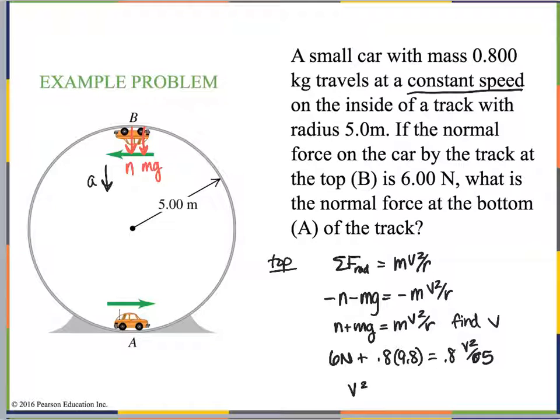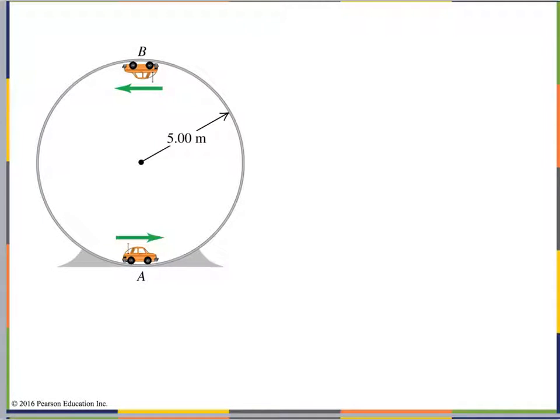So we can say V squared is equal to 6 plus 0.8 times 9.8, and all that times 5 divided by 0.8. And then we take the square root of that to find V. And so we can say that the V we found is 9.3 meters per second. So that's how fast this car is going as it goes around in a circle, at constant speed.